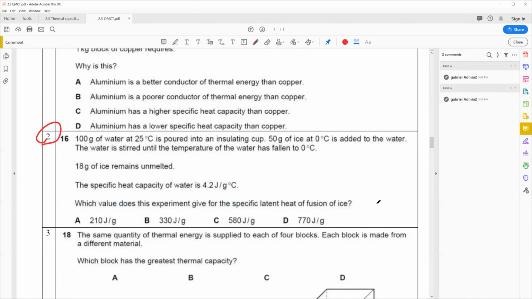Why is everyone getting that answer initially? You're not supposed to use the 18 because 18 grams of ice remains unmelted. The keyword here is unmelted. So how much actually melted?